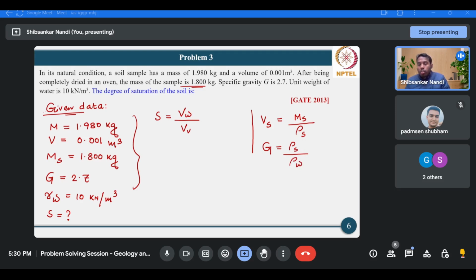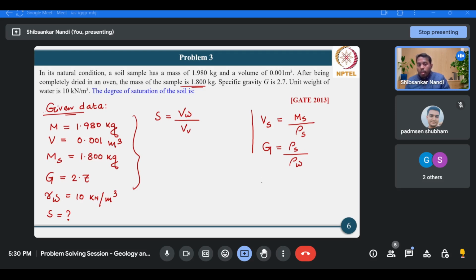Now we know G, we know rho W, because G is 2.7 for this problem. And what about rho W? This is 1 gram per centimeter cube. Yes or no? What is the density of water? The density of water you can calculate from this unit weight. So if you divide the unit weight by acceleration due to gravity, that is g, you can easily determine the density of water.